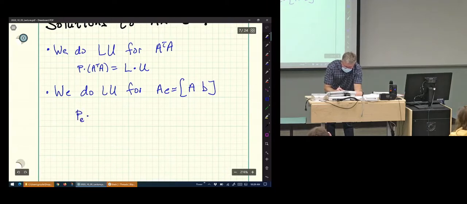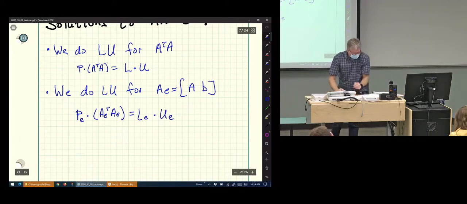So I'll write that as P extended, AE transpose AE equals L for the extended matrix and U for the extended matrix.